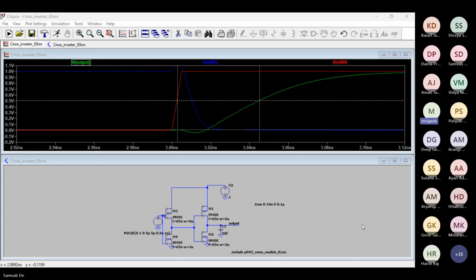So the net delay will depend upon the capacitor, that is true, but the capacitor is being driven only by the second stage. First stage is driving what? For the first stage, what is the load capacitor effectively?